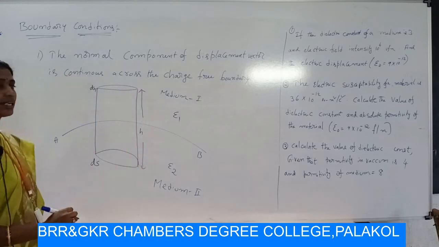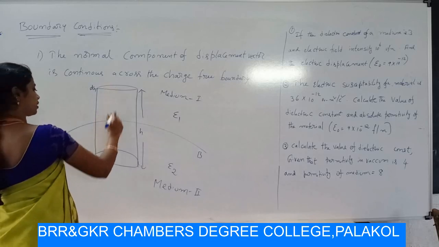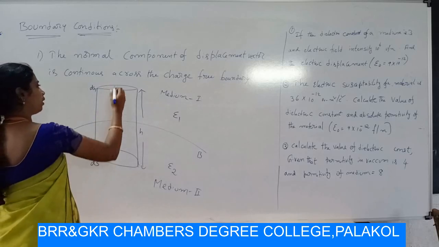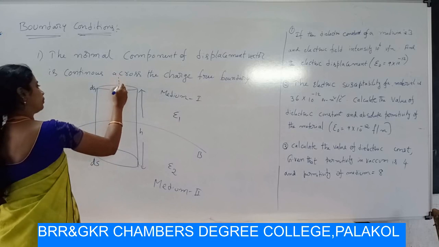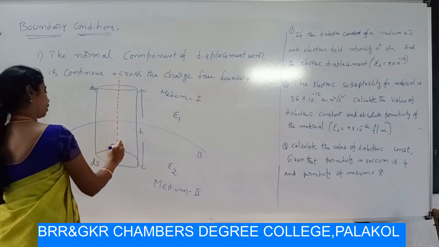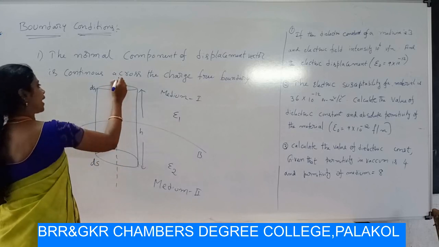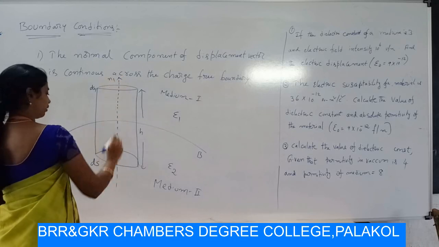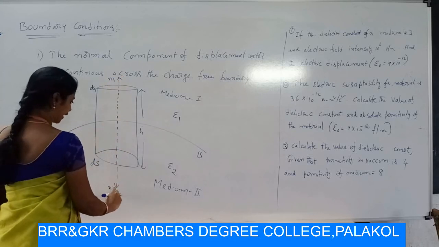Here we consider the electric displacement vectors for this pillbox shaped area. First we draw a normal to this pillbox as n1 for the first medium and n2 for the second medium.